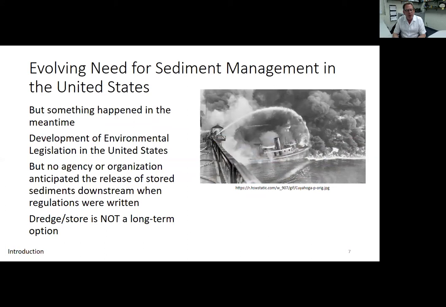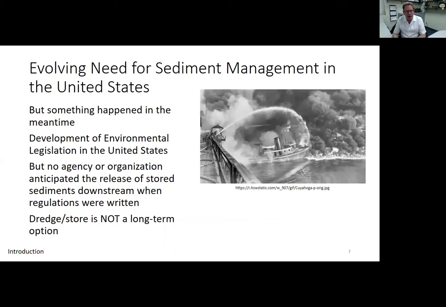And that legislation is, the purpose is to preserve the quality of our waters in the United States. At the time these regulations were adopted, there really wasn't a need to move sediment downstream into a receiving river from the reservoir itself.